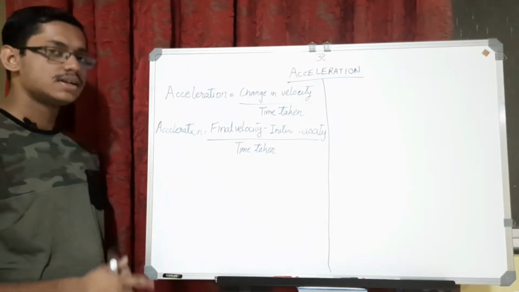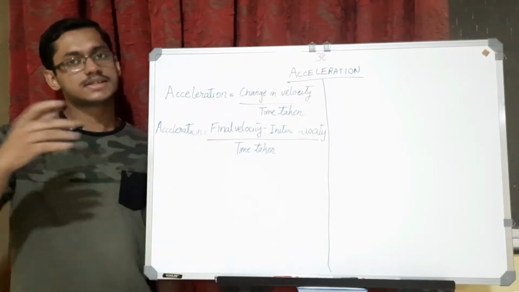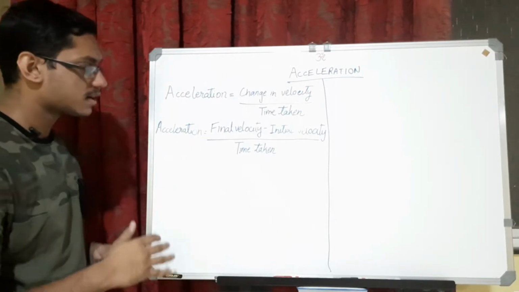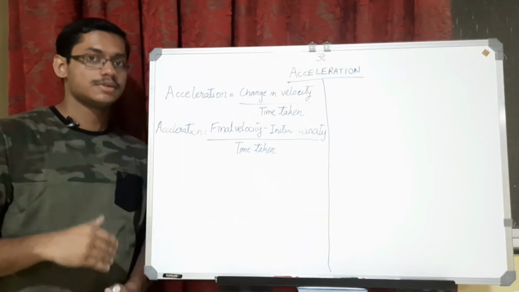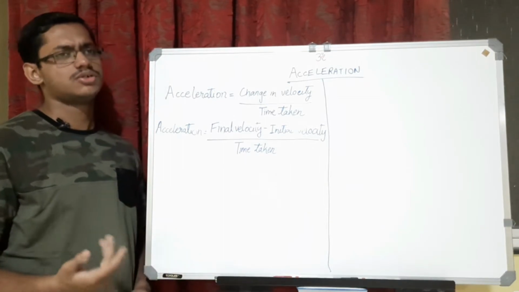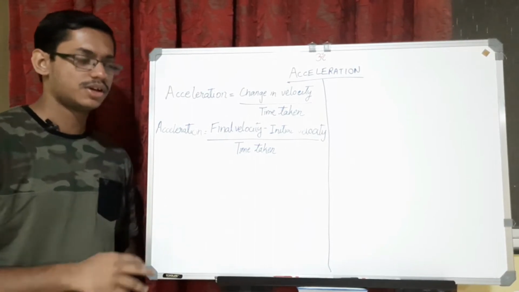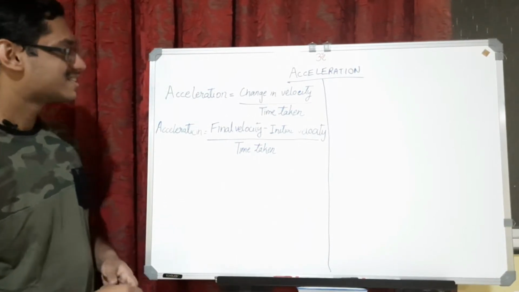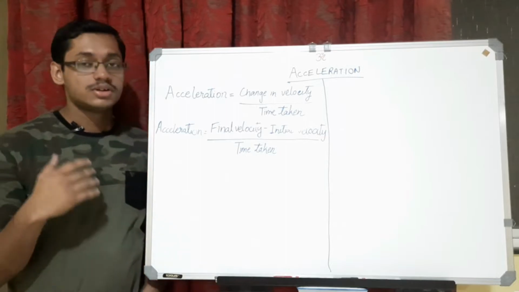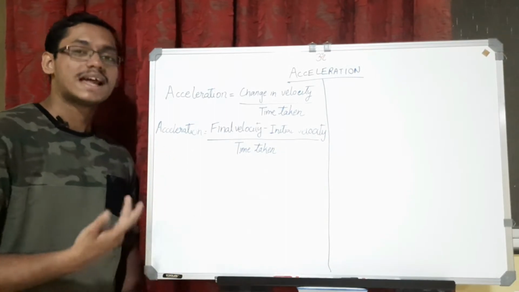So just as I said, 60 kilometers per hour and this is 0 kilometers per hour. Subtract that and divide it by the time taken. Suppose it took 5 minutes or 10 minutes depending upon your capability. So upon that the acceleration is calculated.